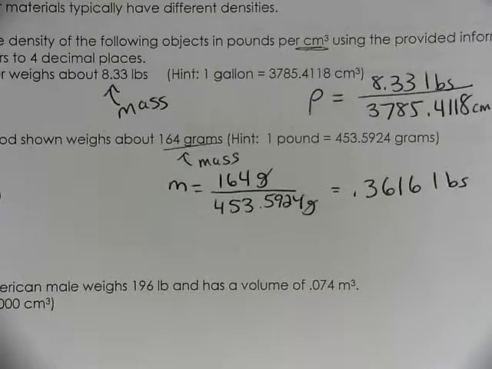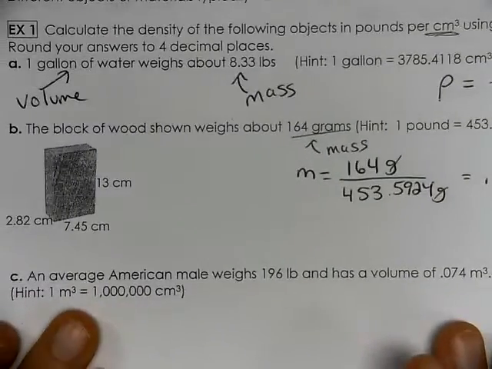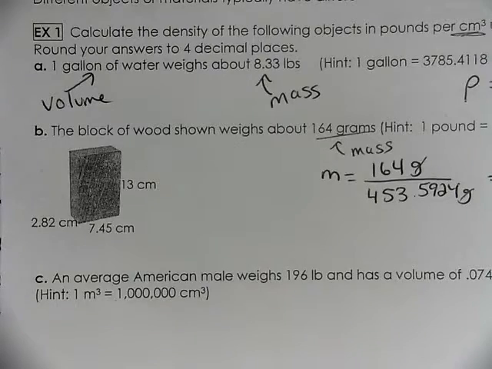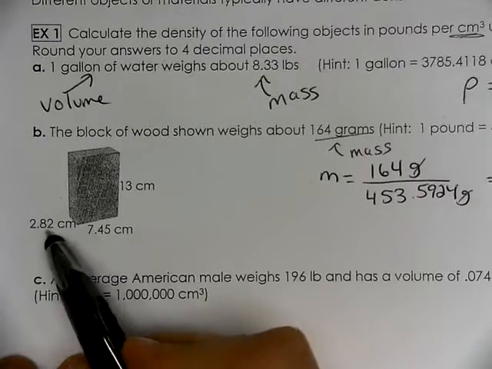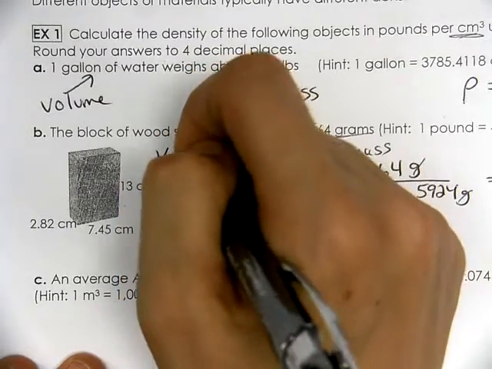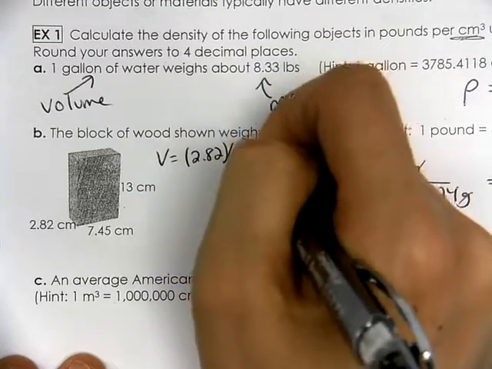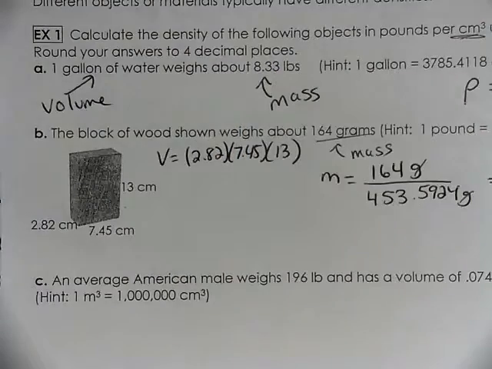Now let's find the volume of the block of wood. What shape is that block? A rectangular prism. Sorry, I couldn't hear some of you. So the volume is just length times width times height. So the volume is 2.82, 7.45, 13. Whenever you have a rectangular prism or square prism, just multiply all 3 numbers.